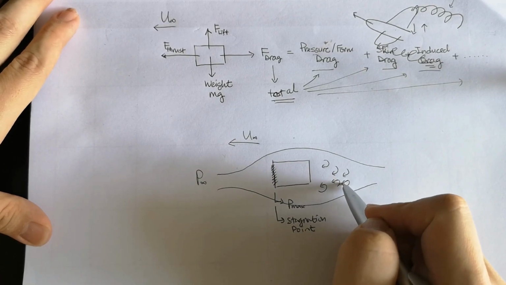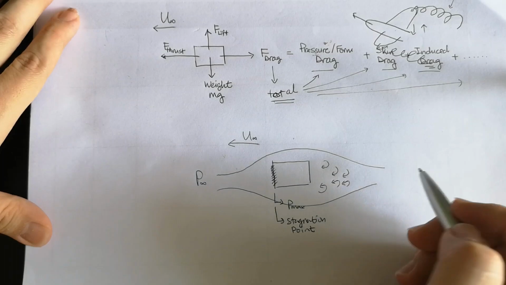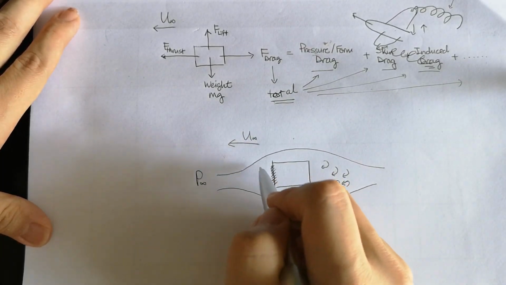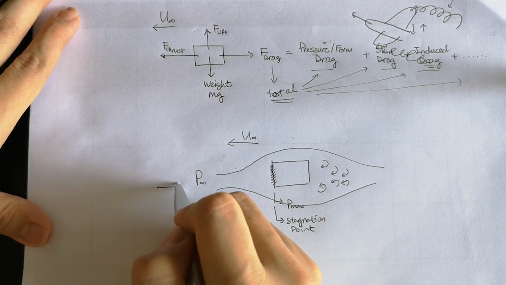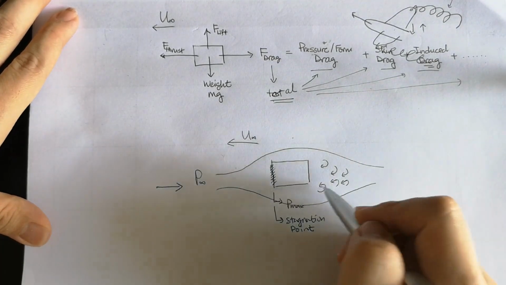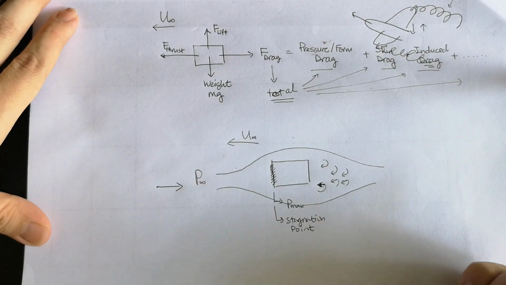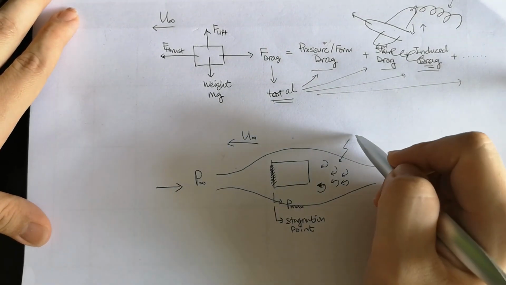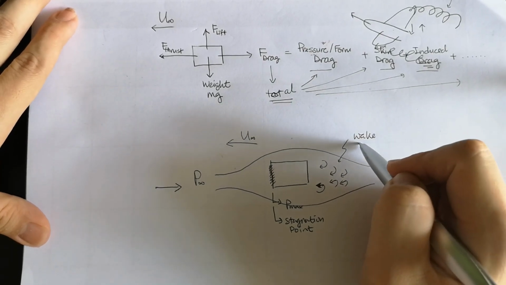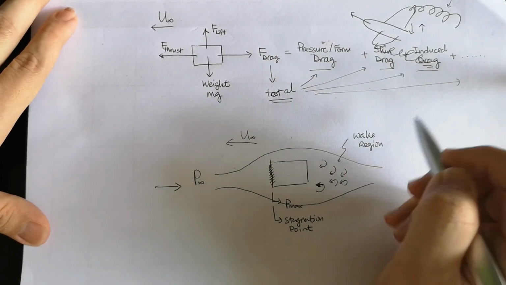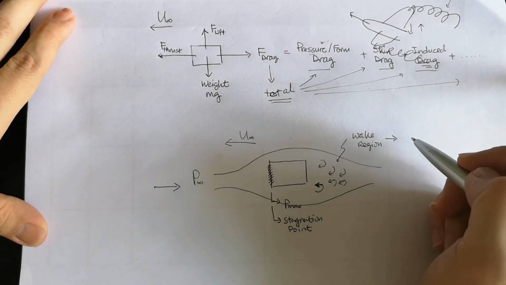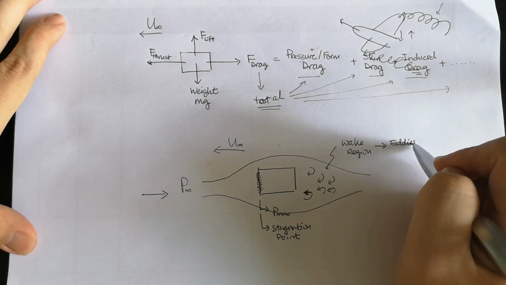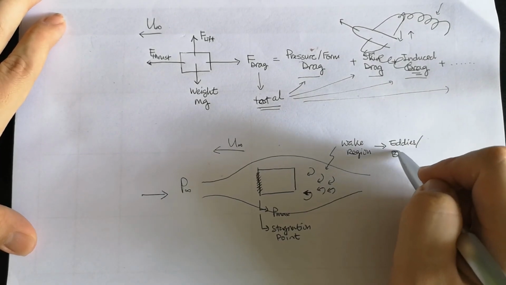Backflow means the flow reverses. Imagine this is our flow direction going towards this direction. Therefore, somewhere here we have backflow. That's why we call this region the wake region. And usually a wake region will produce eddies, or so-called backflow.